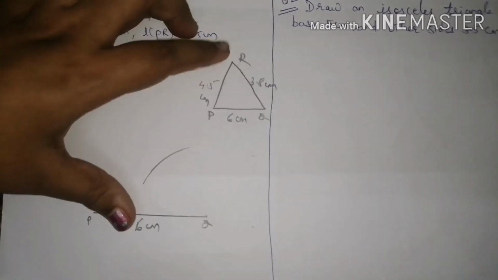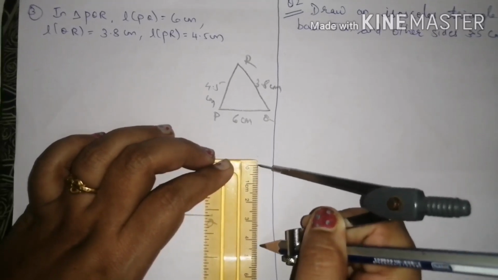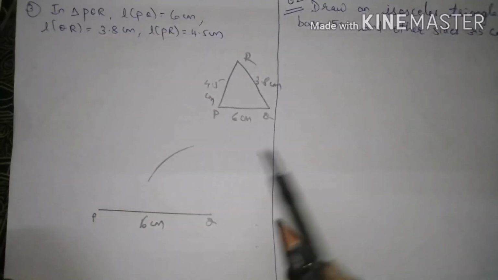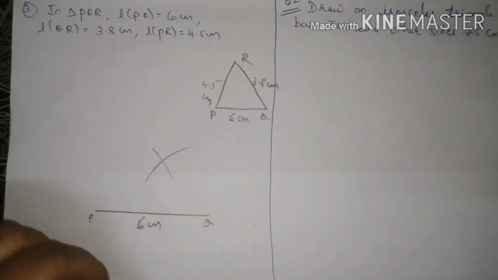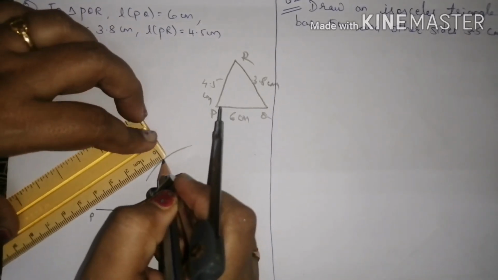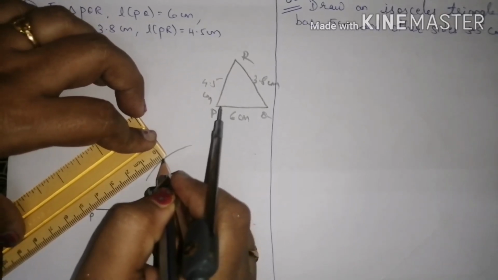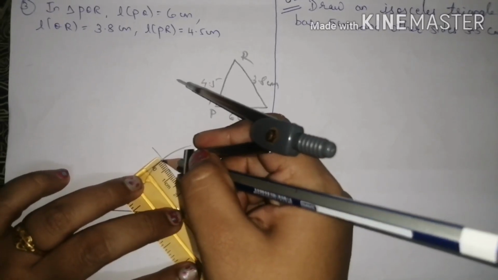Now from P to R it is how much? 4.5. Take it in a compass again, 4.5. After 4, 5 lines. This is your 4.5. Keep it on P. Cut the above arc and then join from the intersection point of the arcs to get the sides of the triangle. 4.5 and this was 3.8.